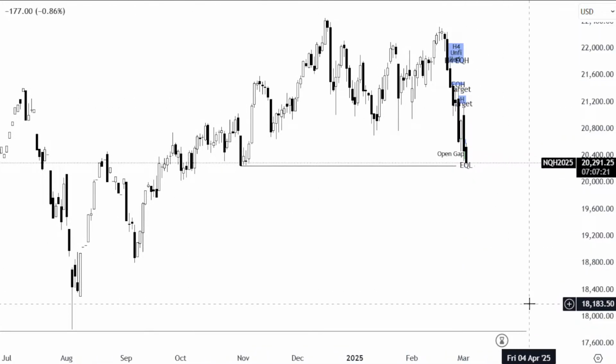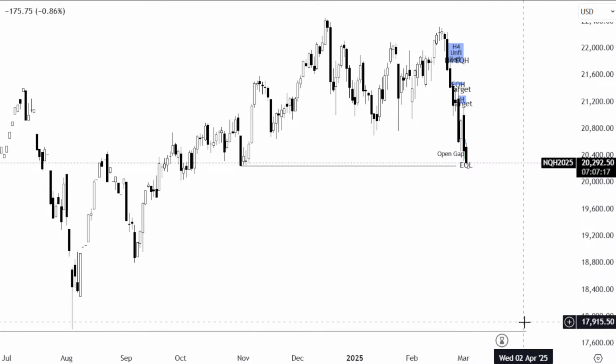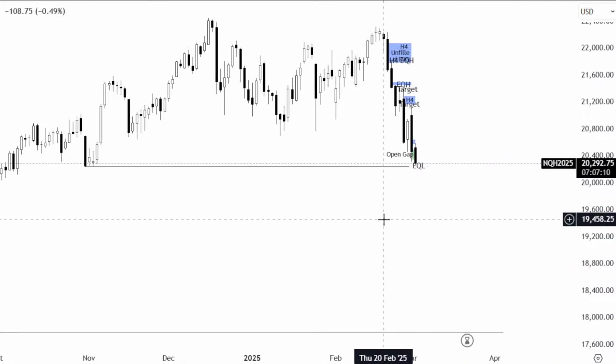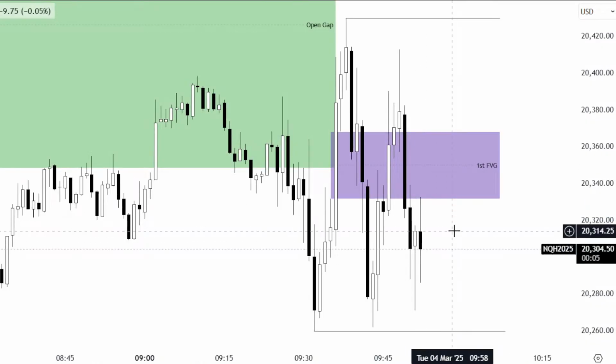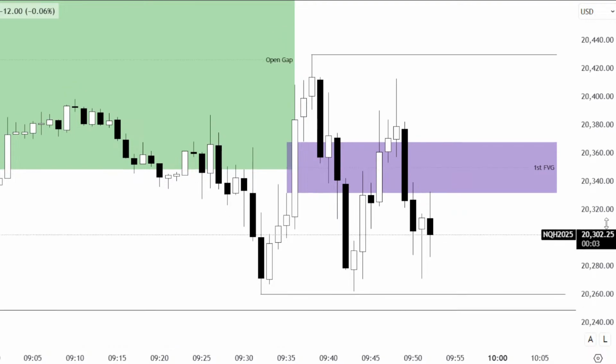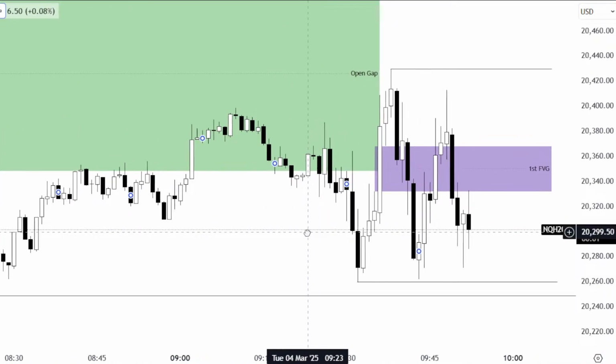I don't know if this is going to happen now, but on its way down there, that's even at 17,781. But I'm not a long-term trader, so I'm not going to spend too much time thinking that we're going to go there. I'm going to look for the opportunities right now.